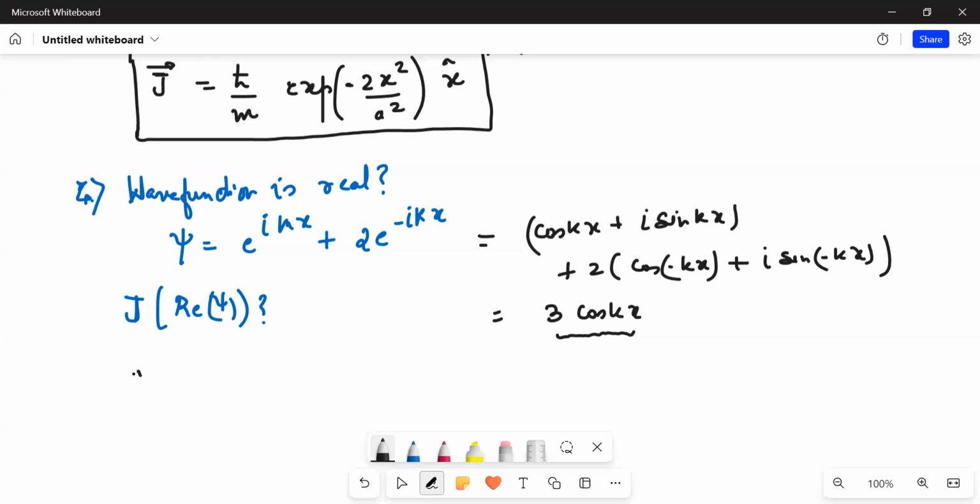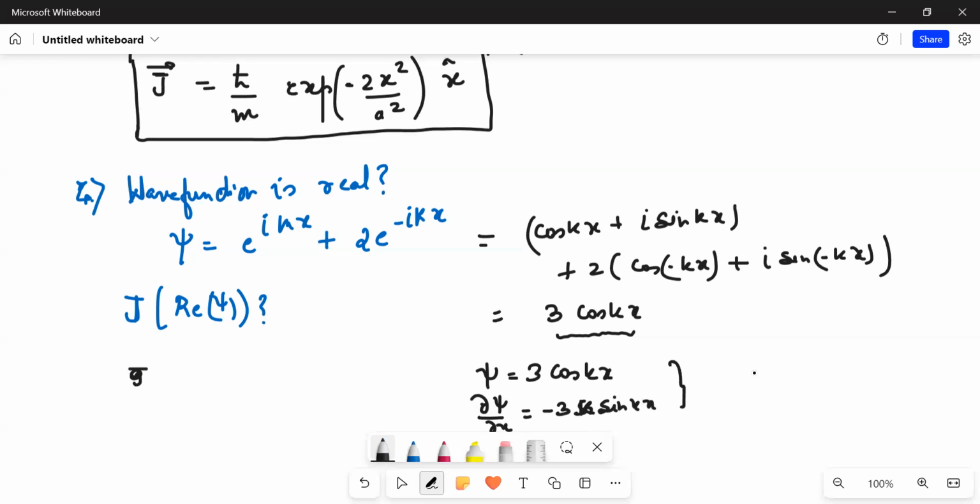And if I want to write the current density corresponding to this, this is your psi, and this is simply your psi. What would be del psi upon del x would be some real number, which is simply, even if you take the psi star, this will remain the same, minus 3 k sin kx.